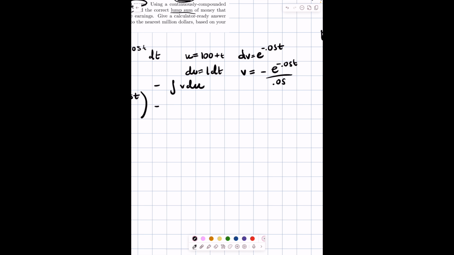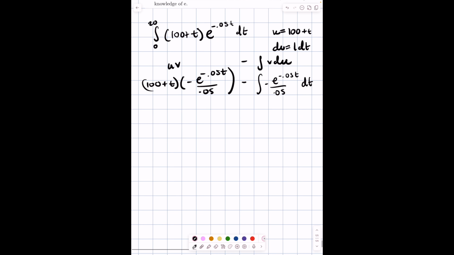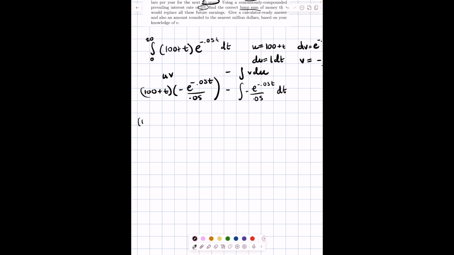So it's going to be minus, well, du is just 1 dt, so we don't have to plug that in, but we have a negative e to the negative 0.05t. Then we just take this dt here. A little simplifying, put this negative in front: e to the negative 0.05t over 0.05 minus.